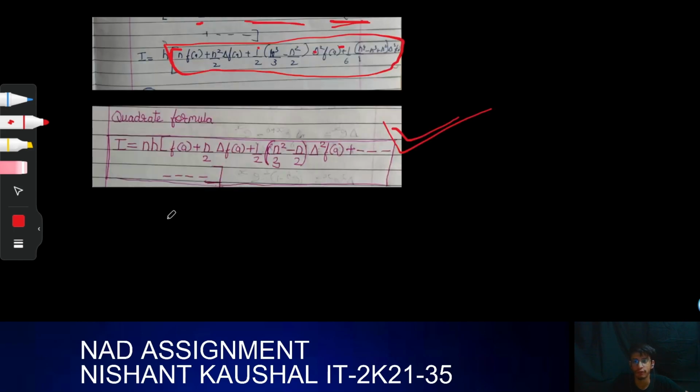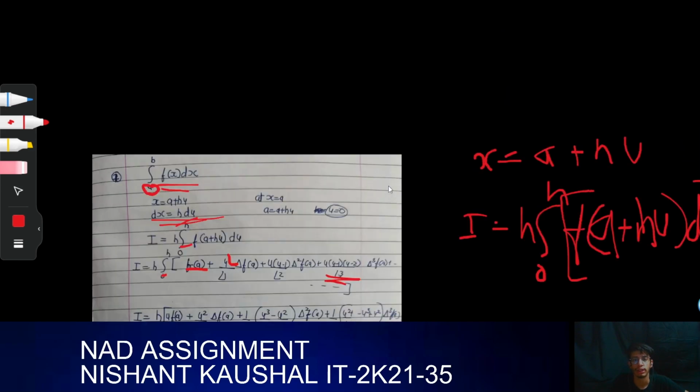Now from here, if we want to find the value of, let us say, Simpson one-third rule or trapezoidal rule: for trapezoidal rule, we will put n equals 1. For Simpson one-third rule, we will put n equals 2. For Simpson 3 by 8 rule, we will put n equals 3, and we will get this formula, right?